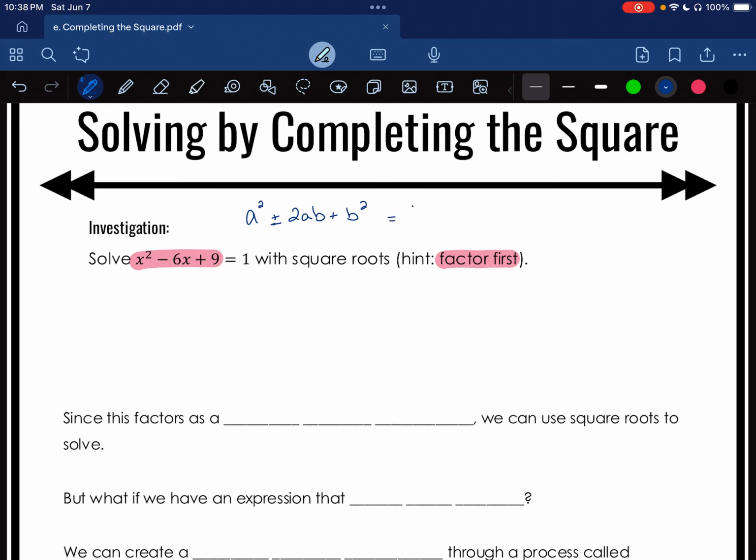The last one's always positive, and it's going to factor as a plus or minus b quantity squared, depending on what the sign was on that middle term. So this is going to factor as x, keep the sign the same, minus 3 quantity squared equals 1. And that factors so nicely here.